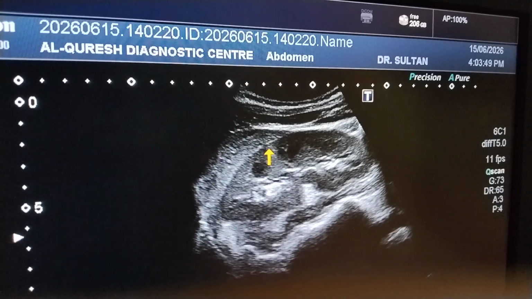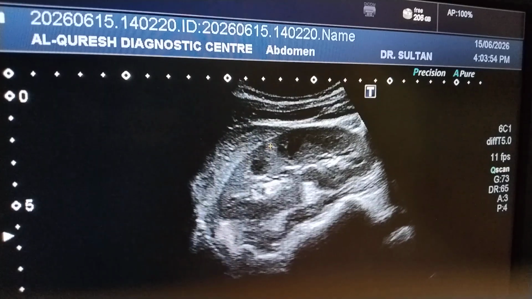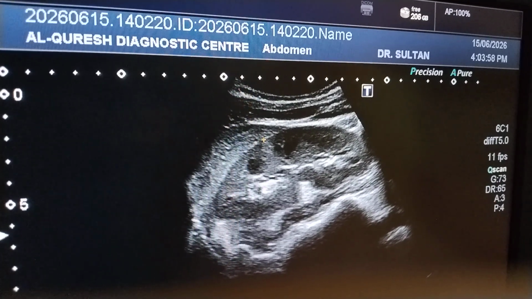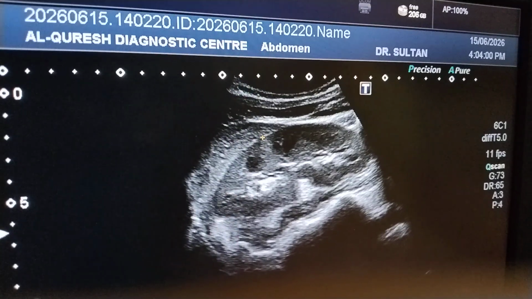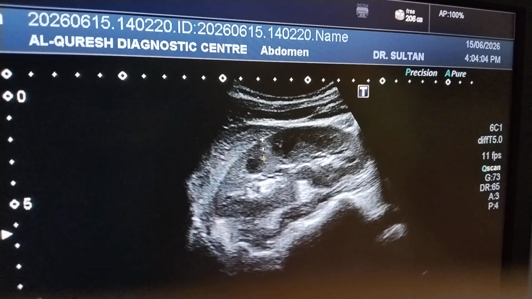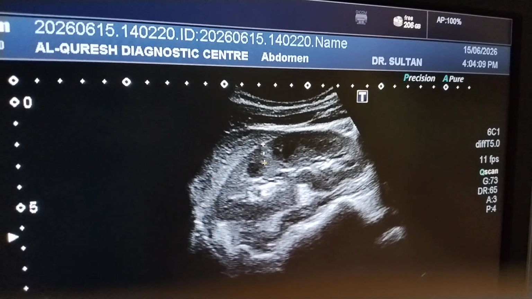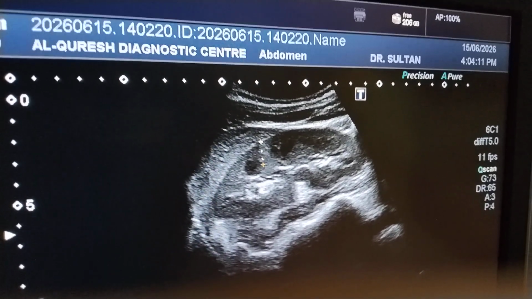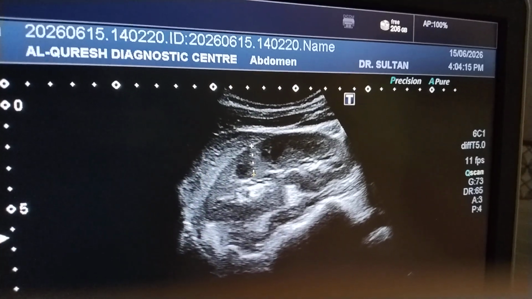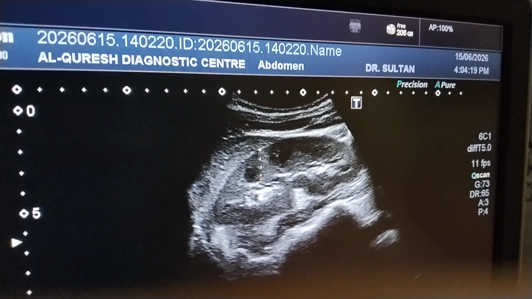Now, two things: how we measure the cortex and the parenchymal measurement. When we are going to measure the cortex, we should measure the cortex portion only, up to the pyramids. If we measure the parenchyma, then we should include the pyramids, and go up to the renal sinus.